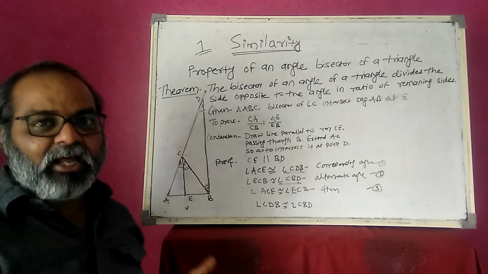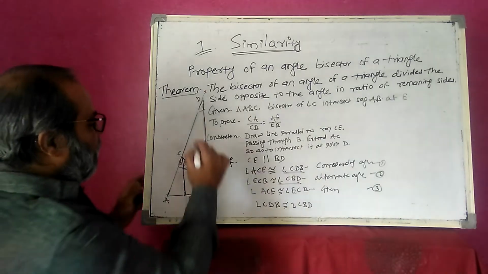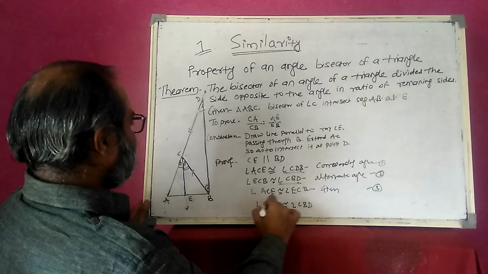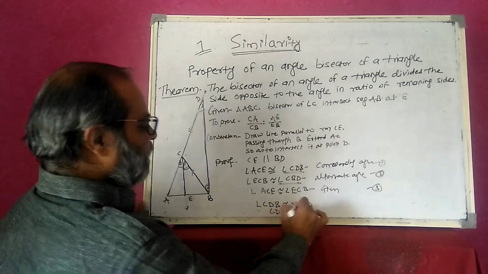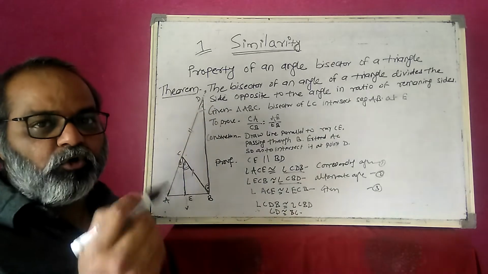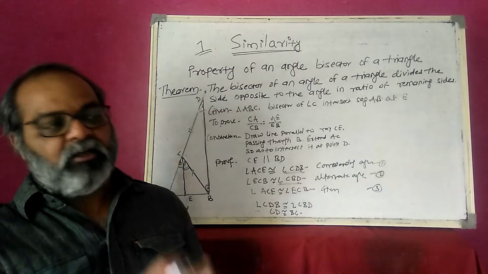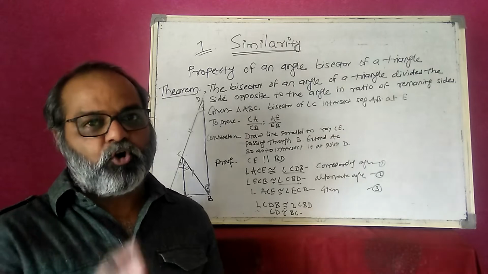The base angles are congruent, which means it is an isosceles triangle. So these two sides are congruent. We obviously say that CD is congruent to BC because of the isosceles triangle, and we know the property that in an isosceles triangle, the sides opposite congruent angles are congruent.